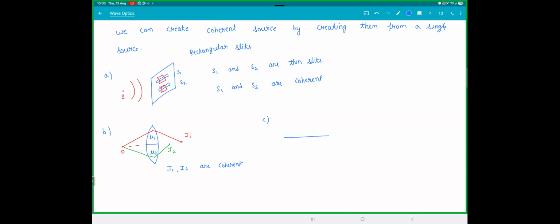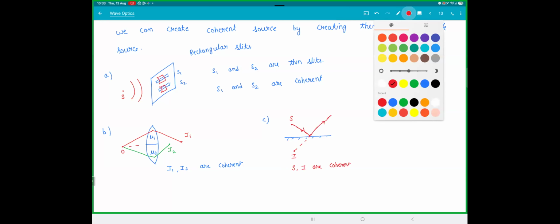Or you can even use a mirror. The light source, when it bounces and goes off here, the source S and image I are coherent. So there are multiple ways to do this.